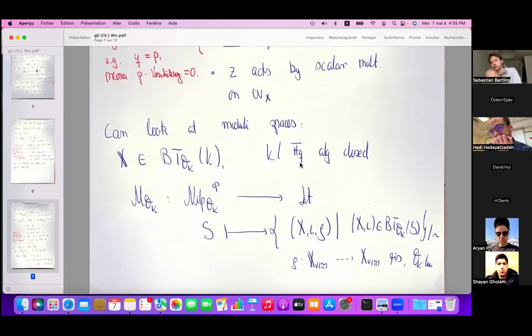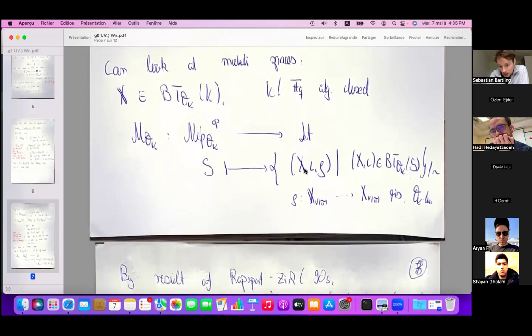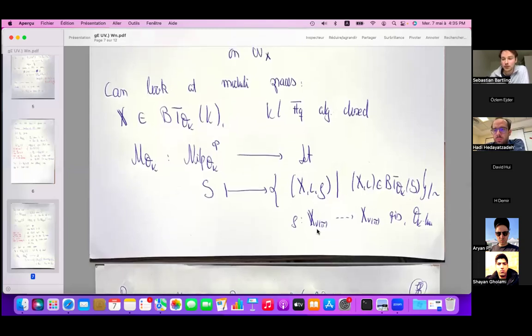And then I send S in this category Nilp_{O_K} to triples (X, ι, ρ), where X is a BT_{O_K} and ρ is an O_K-linear quasi-isogeny defined on the mod π reduction of my scheme.